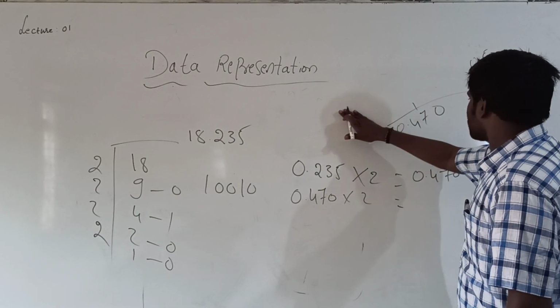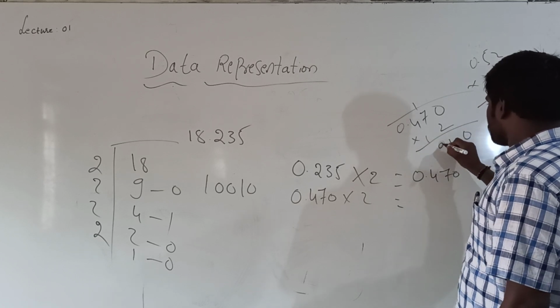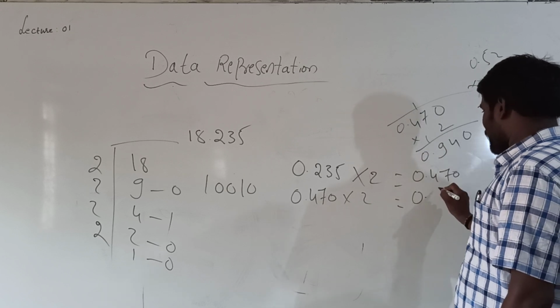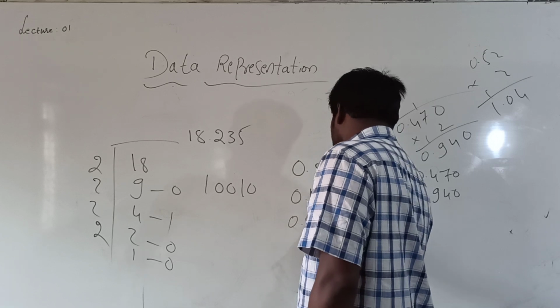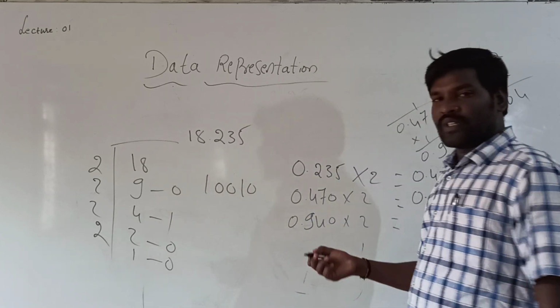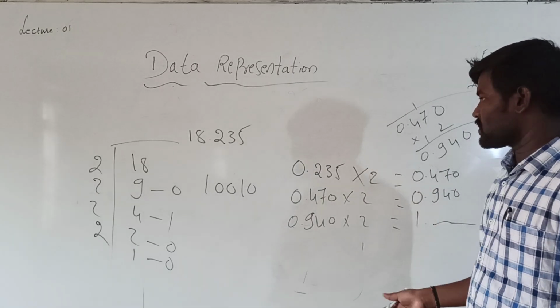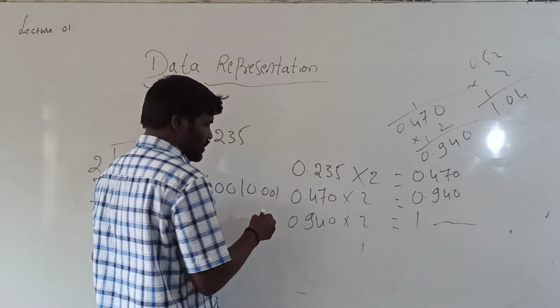Again multiply, that is 0.940. 0.940 into 2, then you will get 1 point something. So just represent 0.235 as 001.